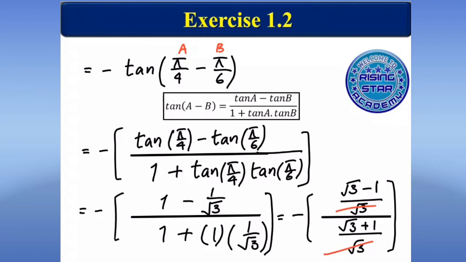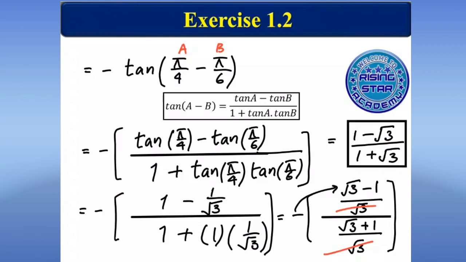So what is left is minus root 3 minus 1 over root 3 plus 1. We can also rewrite by multiplying this negative inside. So our final answer would become, sorry, that would be 1 minus square root of 3 over 1 plus square root of 3, and that would be our final answer in that case. Move to the next part now.